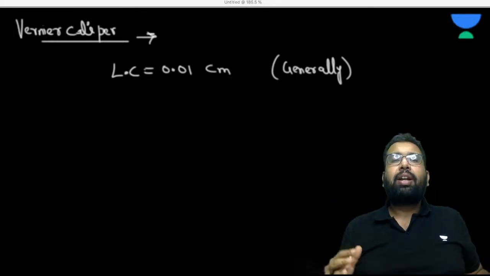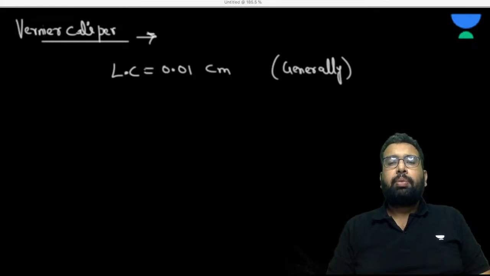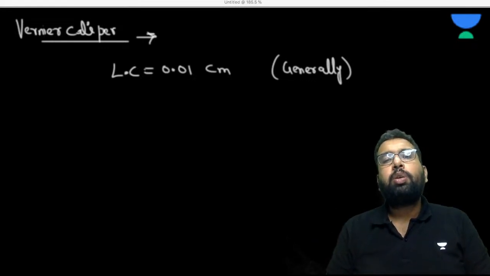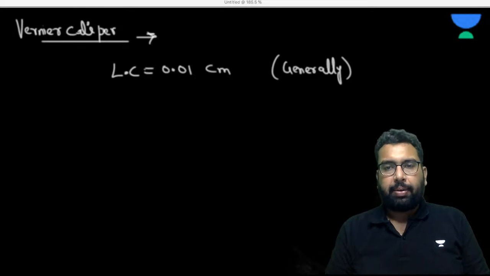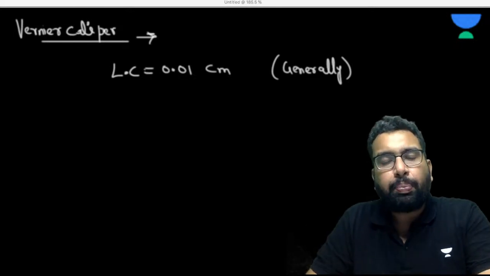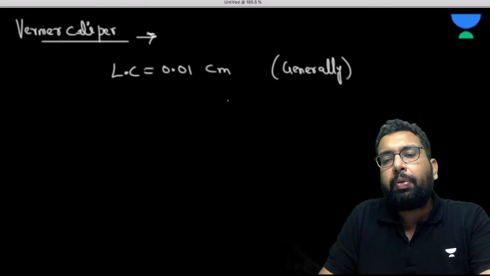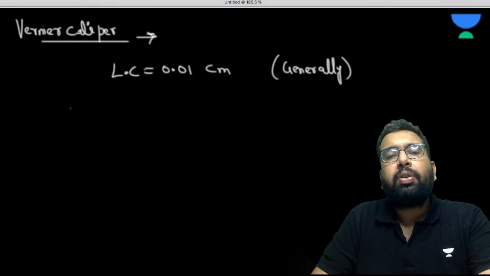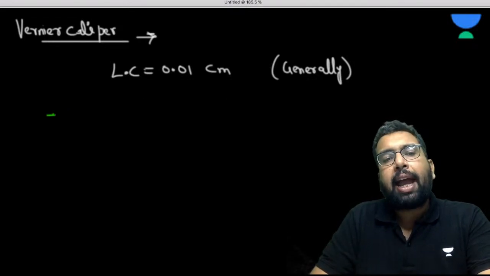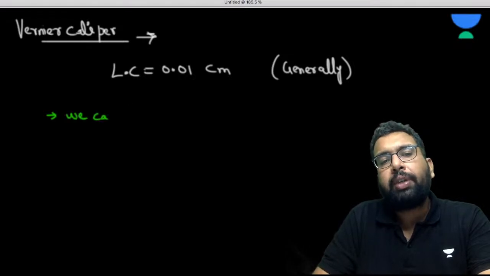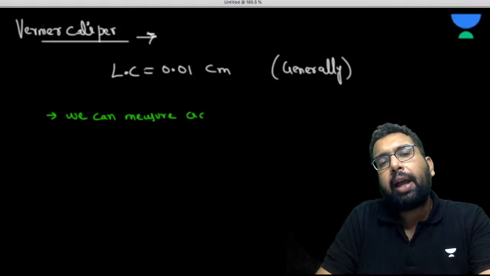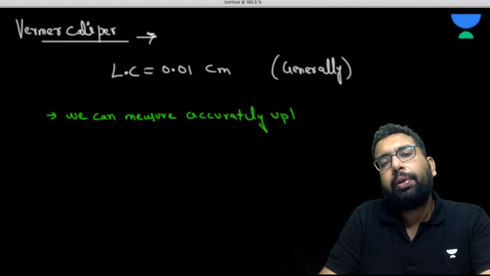But in general, the vernier caliper gives a least count of 0.01 centimeter. So what does that mean? From a general vernier caliper, with least count 0.01, we can measure accurately up to 2 decimal places.